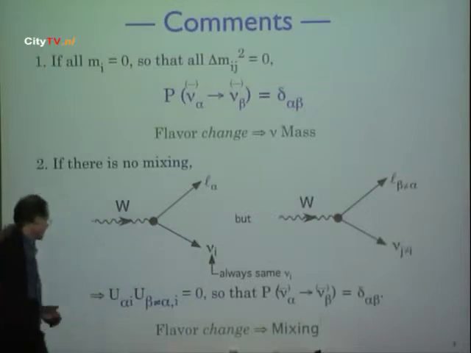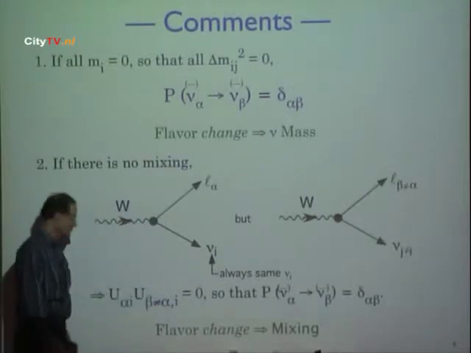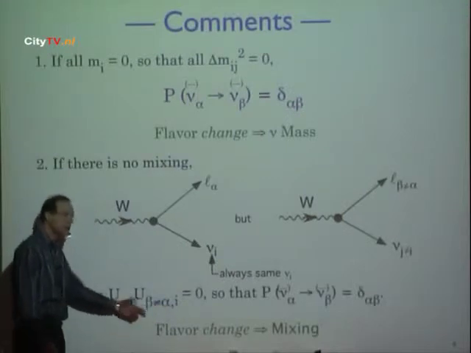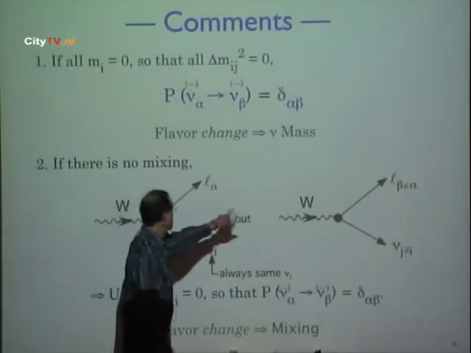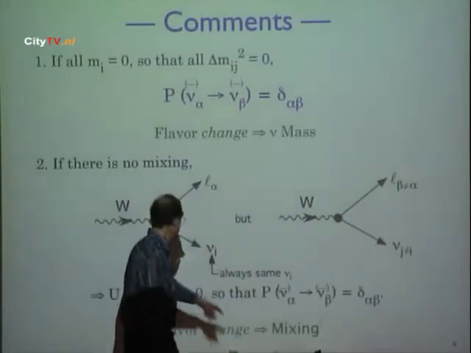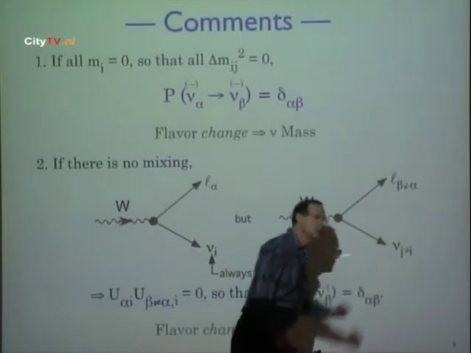Consequently, if there is no mixing, a product of U matrix elements involving the same i, but different alpha and beta, would be 0. If I go from here to there and I change alpha into a different beta, this new i has to be, in the absence of mixing, a different new j.